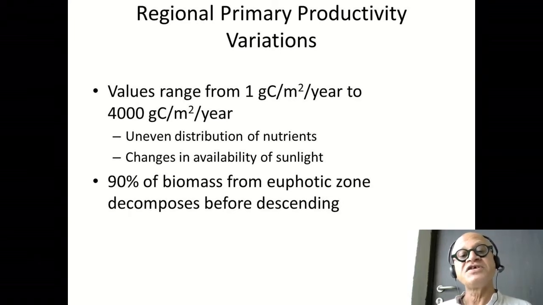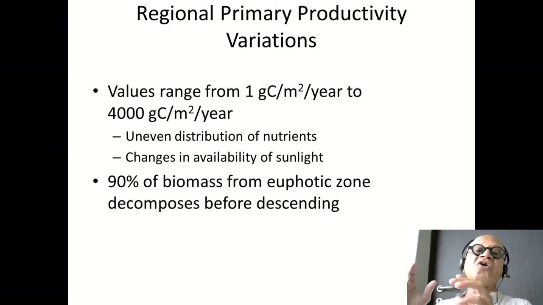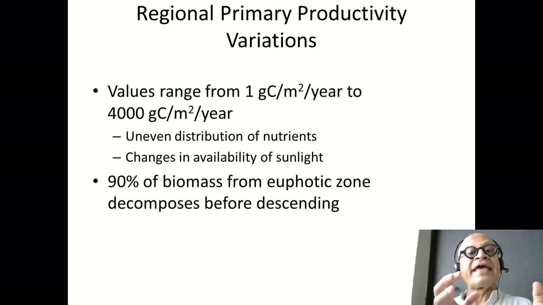So values of these range. Remember we said we look at grams per meter squared or milligram per meter cube and so on. So the range goes from 1 gram carbon per meter squared per year. So it's always carbon because we are looking at how much inorganic carbon is getting converted into organic carbon.